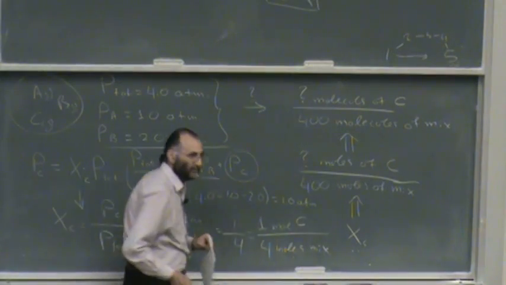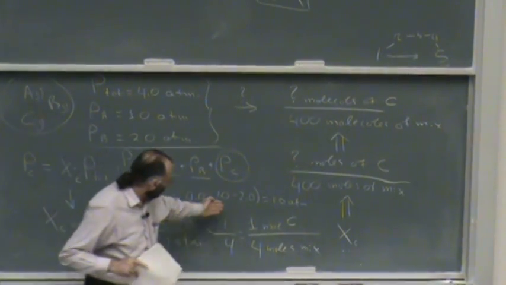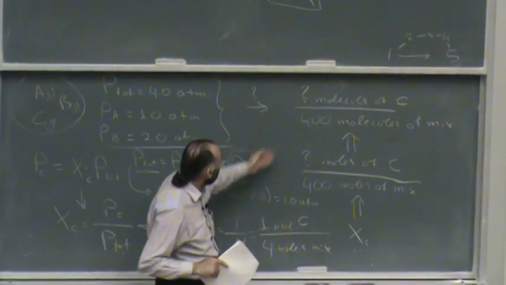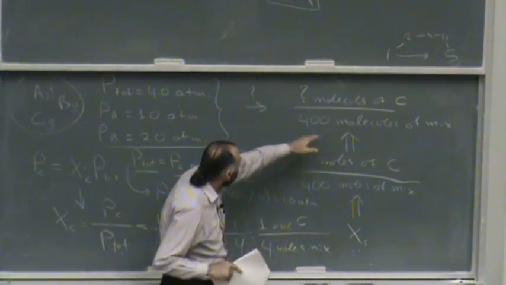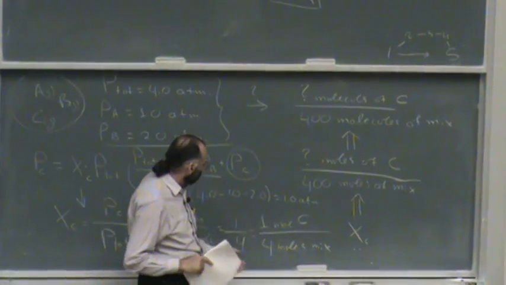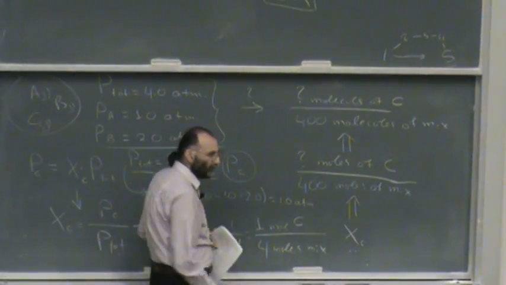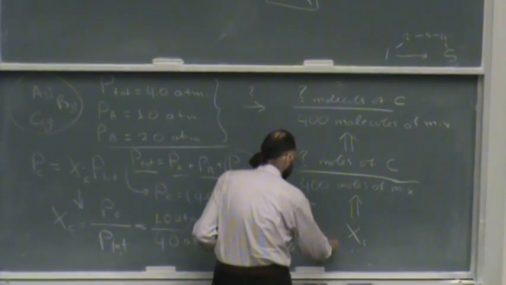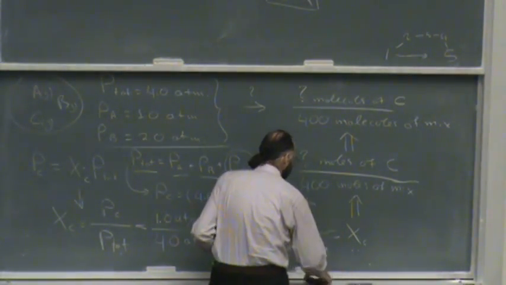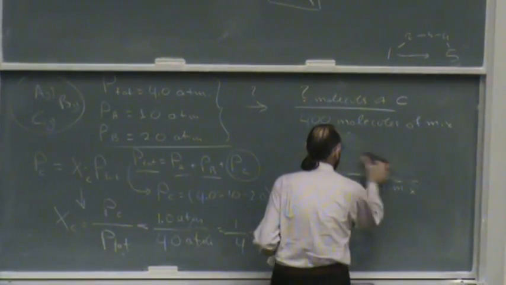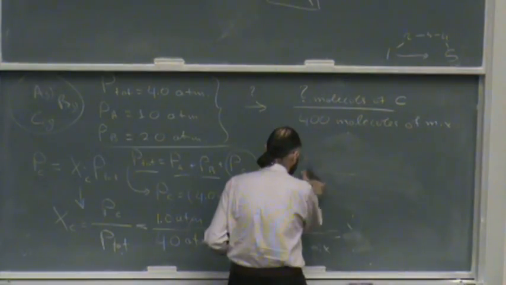Right? 4 moles of gas is mixture, isn't that right? And that's the ratio of moles. Well, I want the ratio of molecules to be per 400 molecules. So, if I want to go to 400, I multiply both of them by 100, because the ratio will not change that way, right? I shouldn't disturb my ratio.